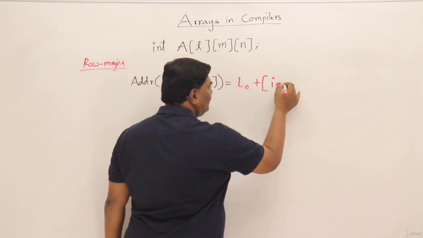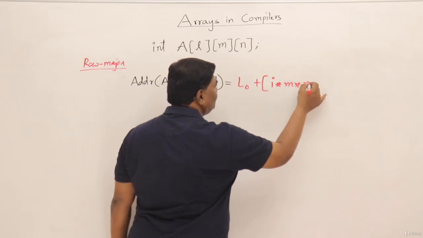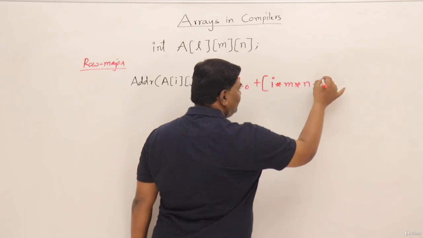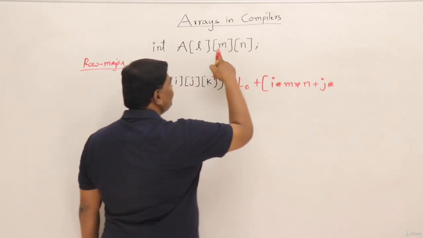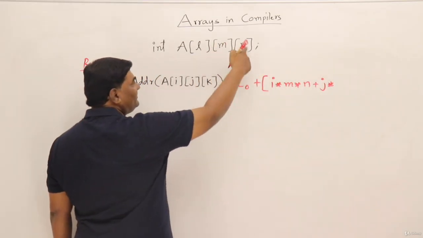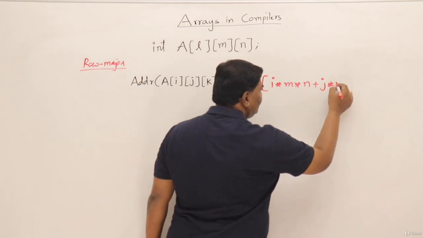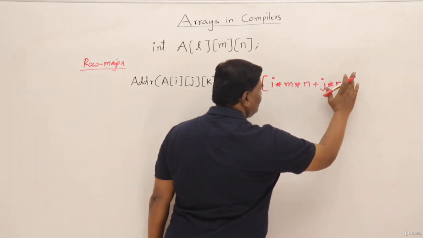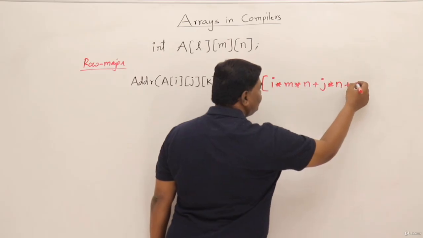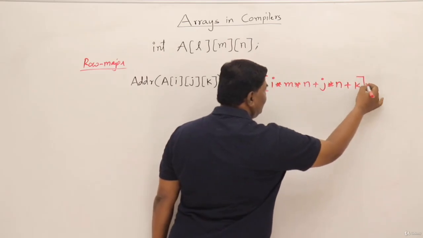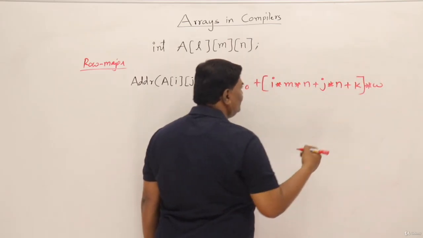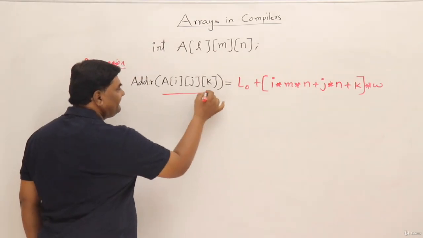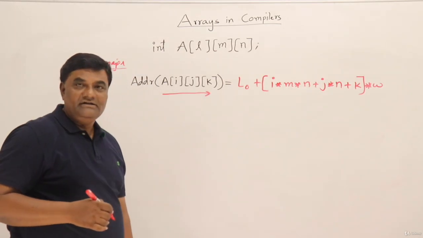So I into M into N plus second dimension, that is J, which is for the second dimension, so multiplied by the third dimension, that is N, plus K, and this was the last dimension, so multiplied by W. So K is the last index. So we have prepared a formula by moving from left to right.